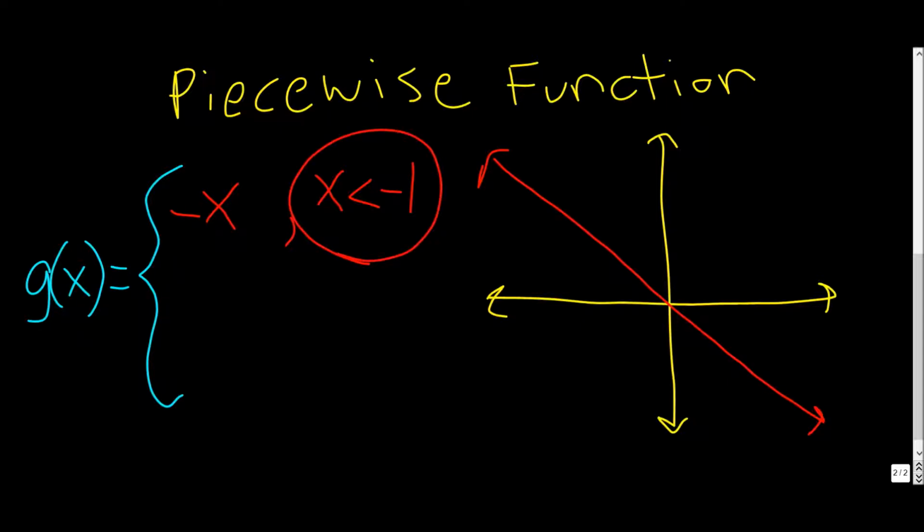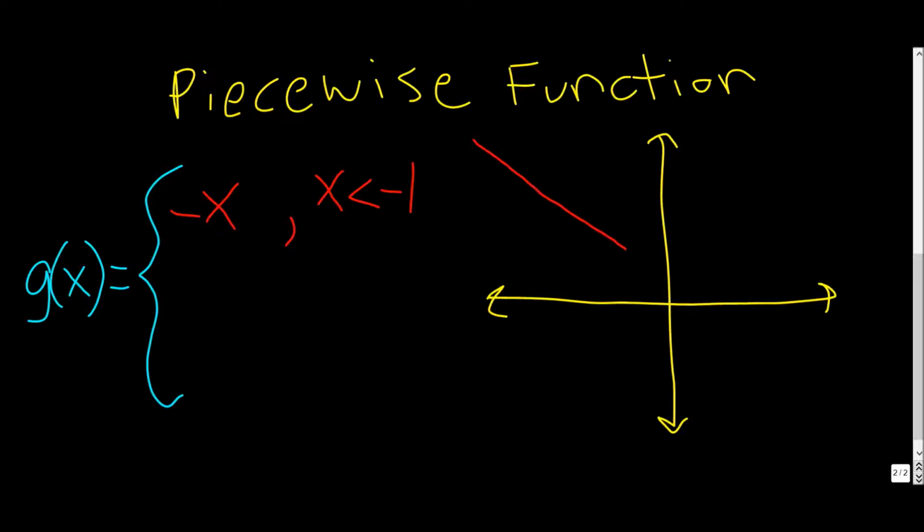So we've got to think about what this really means. Up to this point or so, that's what it's going to look like. Now just imagine that this is negative 1. So our function value is going to pretend like it's negative x when x is less than negative 1. After that, it can be anything.